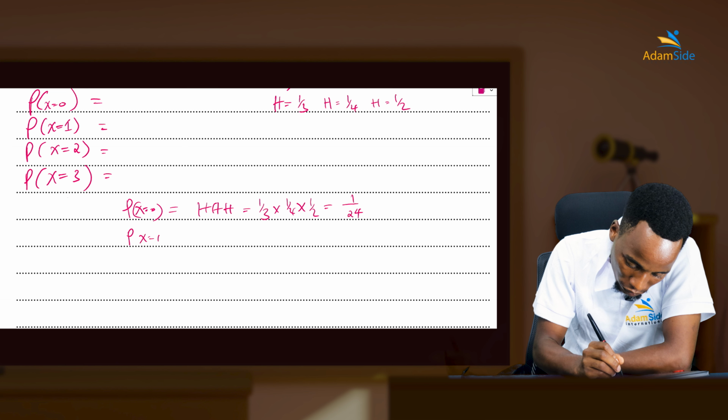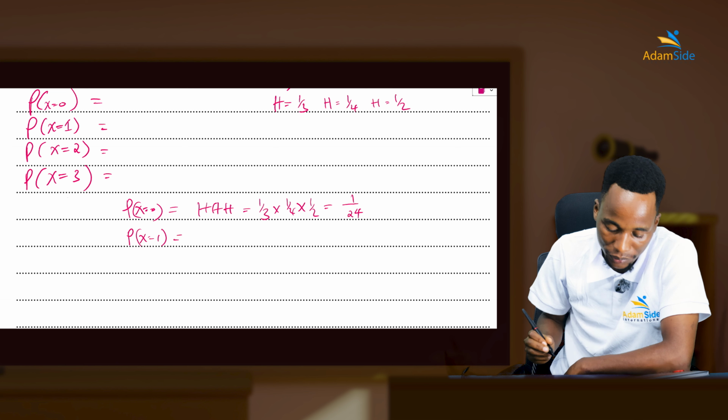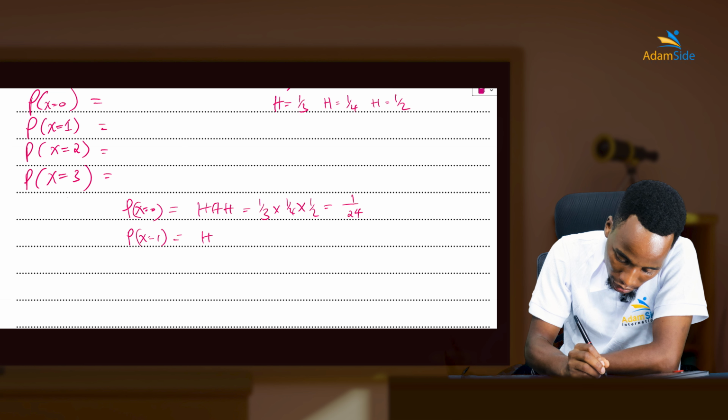Then we'll go for P of X equals 1, meaning exactly 1 tail. That could be head, head, tail, or head, tail, head, or tail, head, head. And we know the meaning of or is that you're supposed to add.